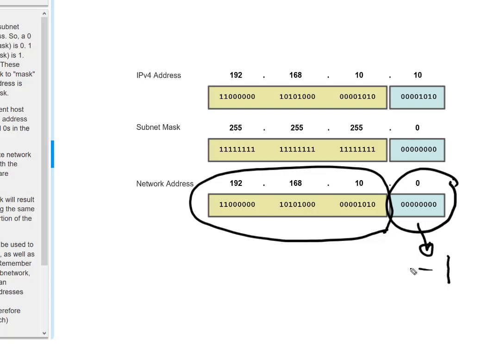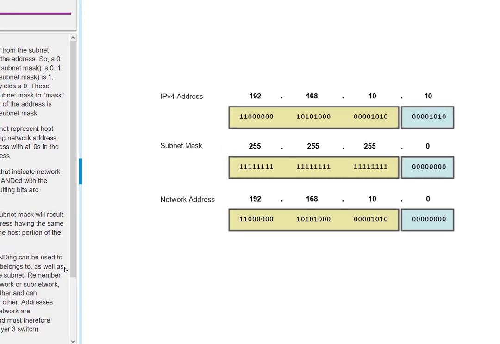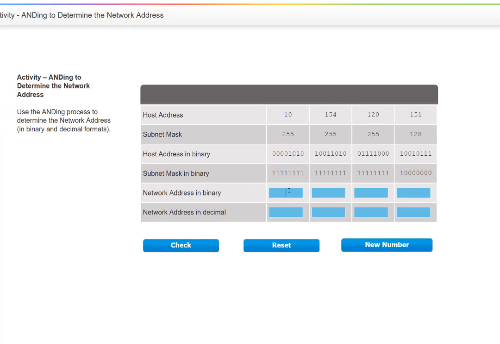If we start from 1 all the way to zeros, or zeros and ones all the way to ones, that gives us the first and last IP address for a host, and if we set it all ones, that's the broadcast address, as we have explained before. So that exercise explains how to calculate the network address from the host address.